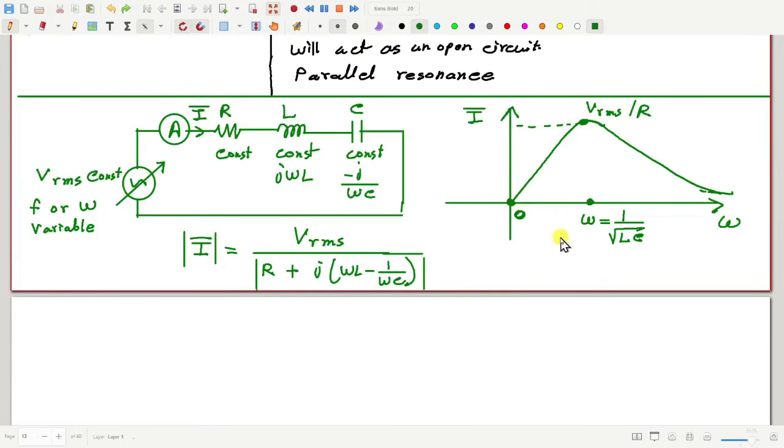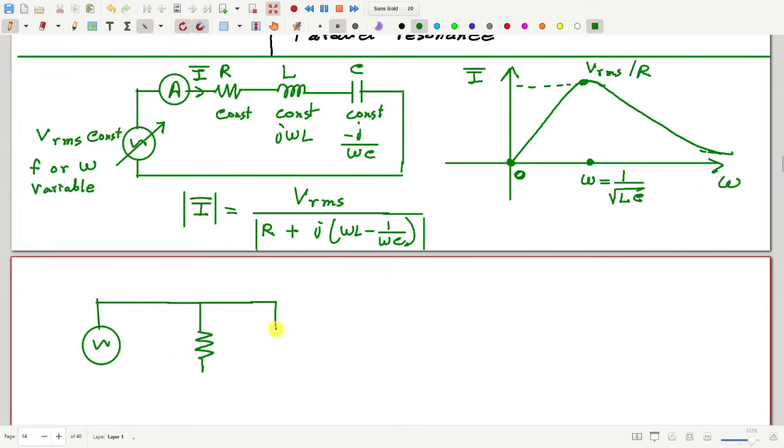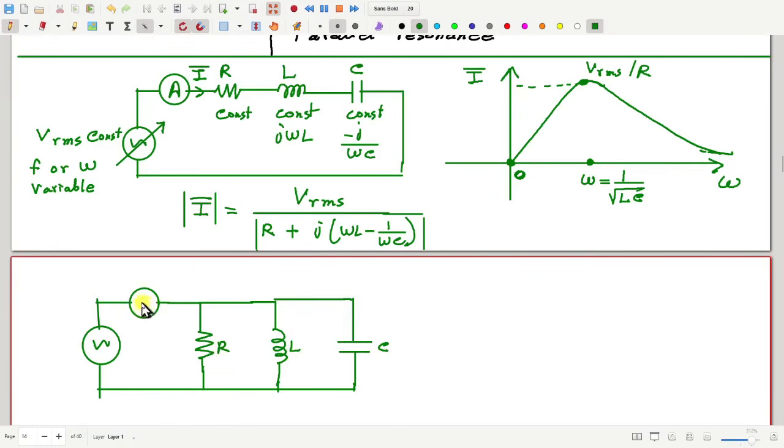Now suppose I take another circuit where I have a resistance, or let me put everything in parallel: resistance, inductor, capacitor. This is R, this is L, this is C. Here I put an ammeter to measure the current.